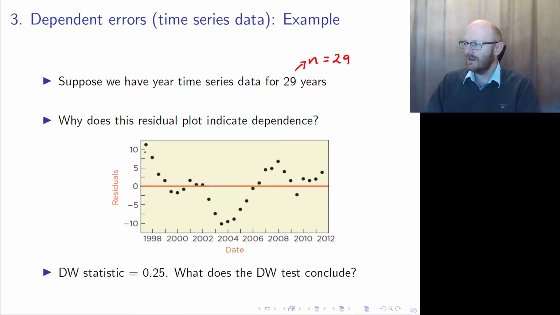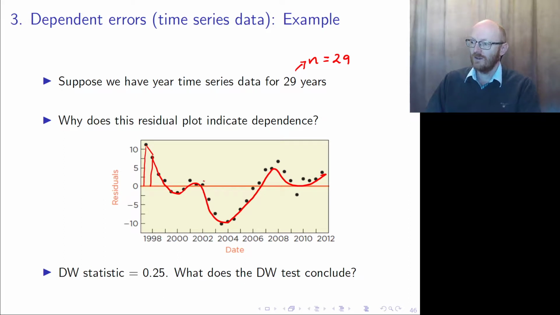And okay, why does this residual plot indicate dependence? Well, it's really that positive residuals are followed by positive residuals, and negative residuals are followed by negative residuals. So this clearly does not look random.